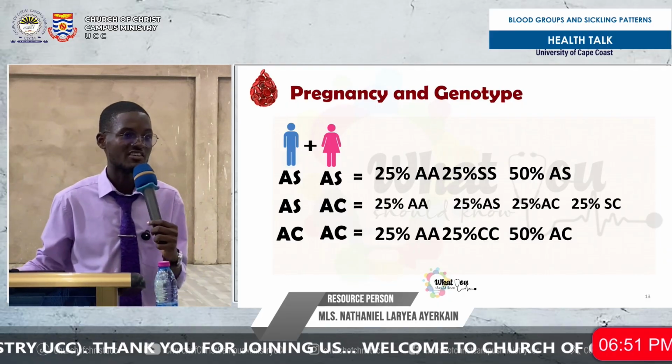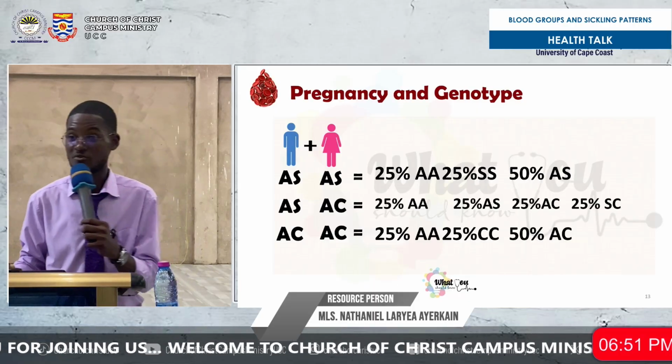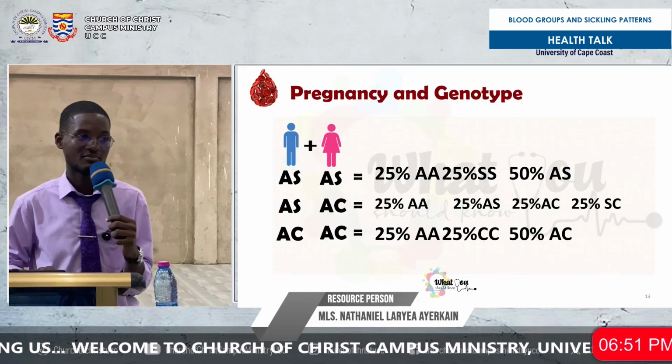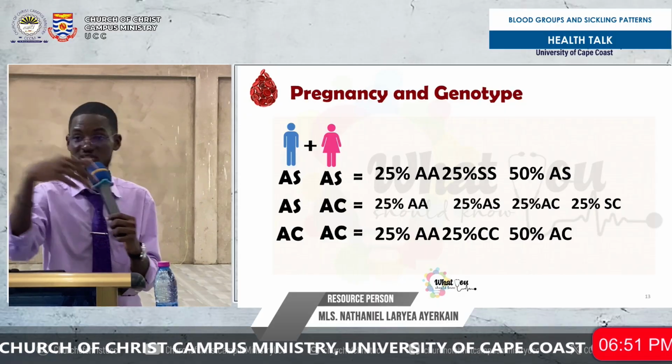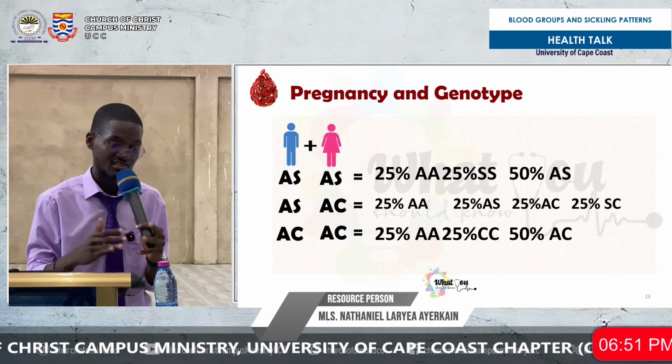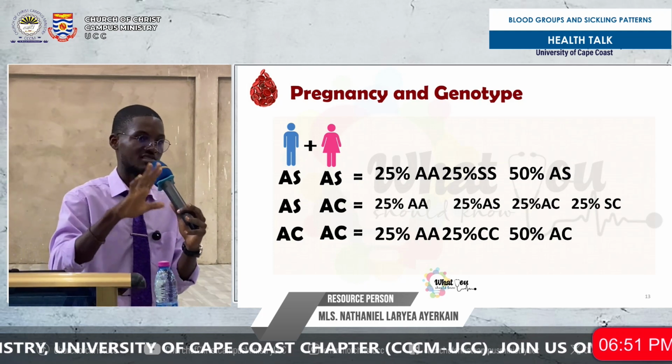We'll see what happens if they give birth to a child who is CC. I've not seen one before. I hope I see some. I want to see someone who is CC. So if you are AC and you meet AC, there's a 25% chance you get AA, 25% chance CC, and 50% chance of having AC.